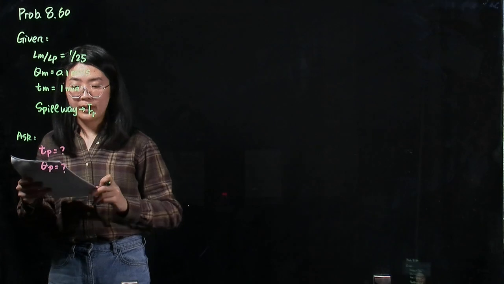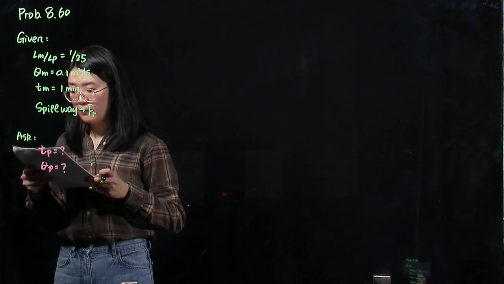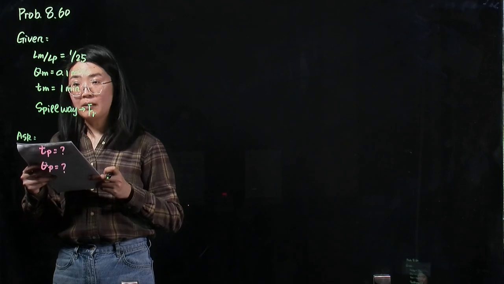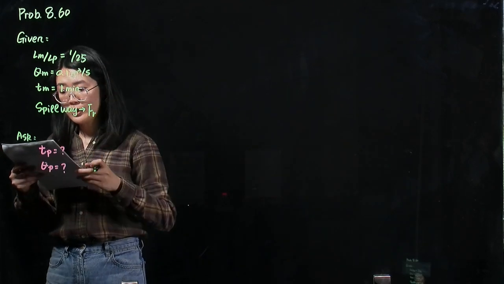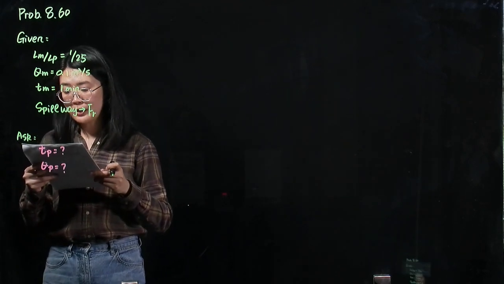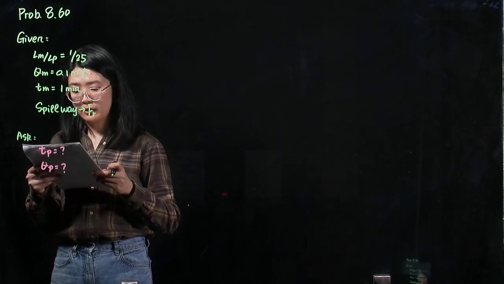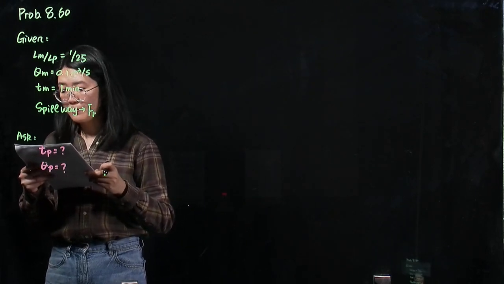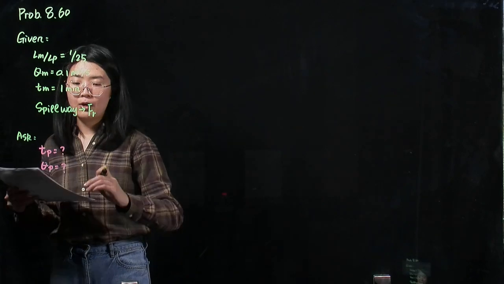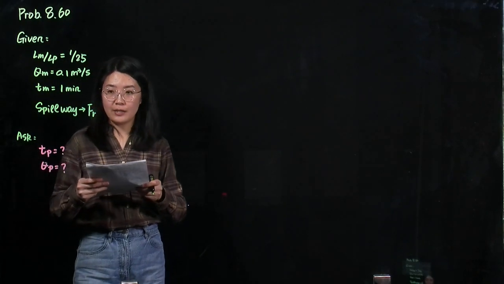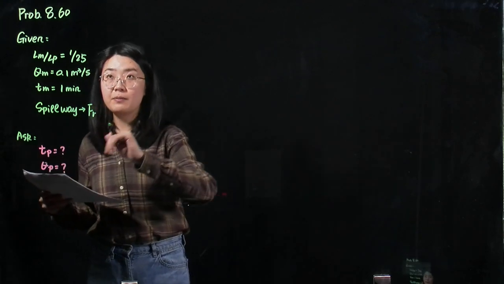Which means we need to determine the Qp. And the second question is, if it takes 1 minute for a particle to float from one point to another in the model, how long would it take a similar particle to traverse the corresponding path in the prototype, which is T sub p here? So let's solve the T sub p.